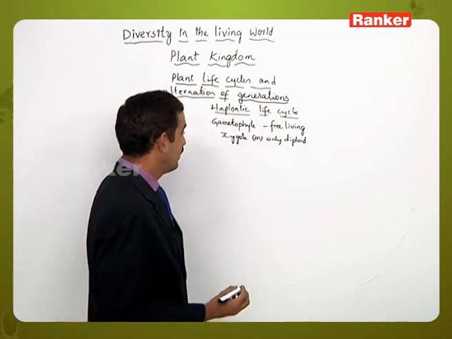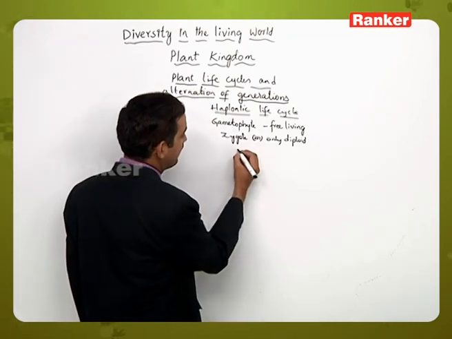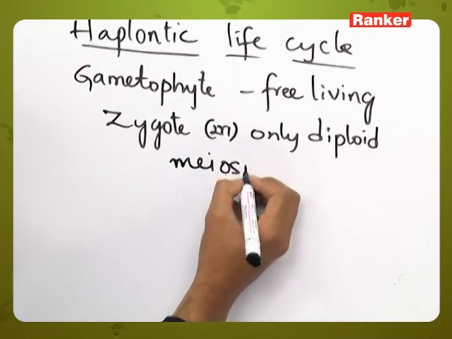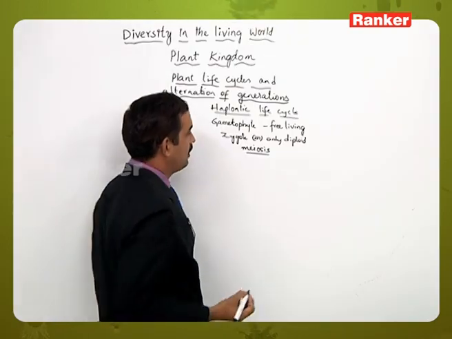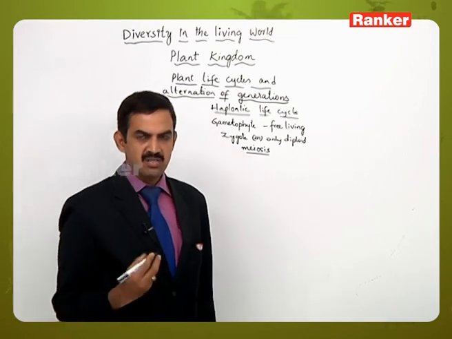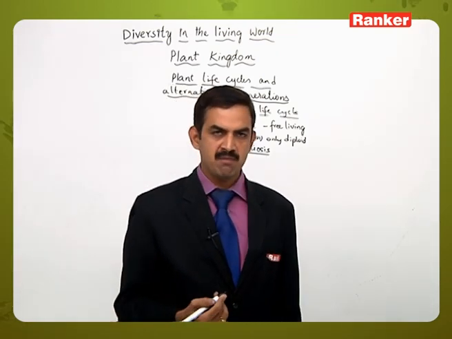So here the zygote which is formed will undergo meiosis to produce haploid structures. From there the haploid plant body will be produced.